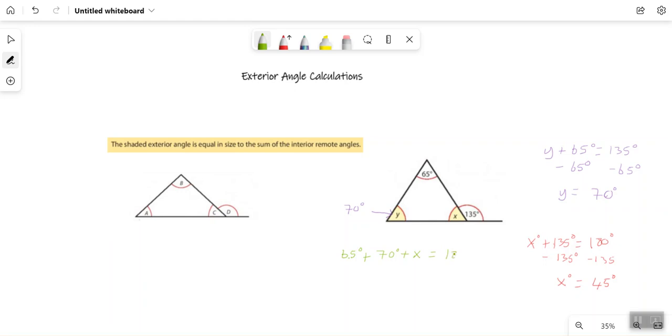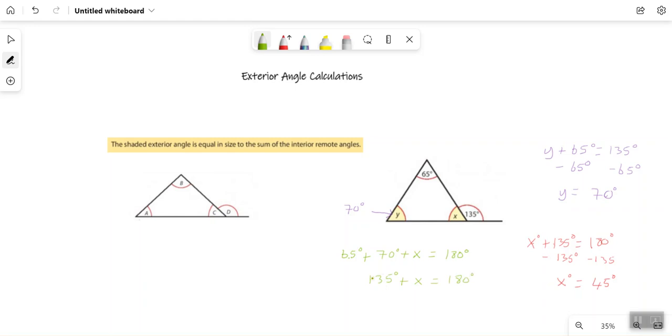We can add these two together: 65 plus 70 is equal to 135. So 135 degrees plus x is equal to 180.